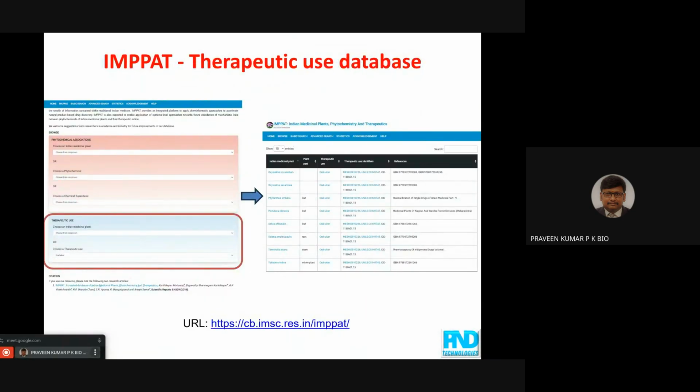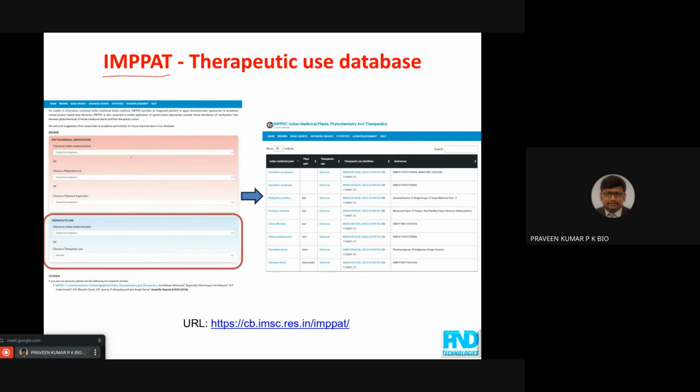Now about databases. Where exactly can we find this network information in the databases? I told you the most important database we have to look through. This is an indigenous database developed in our nation. Indian scientists have brought this database to check not only the compounds present in Indian medicinal plants, but also the genes.